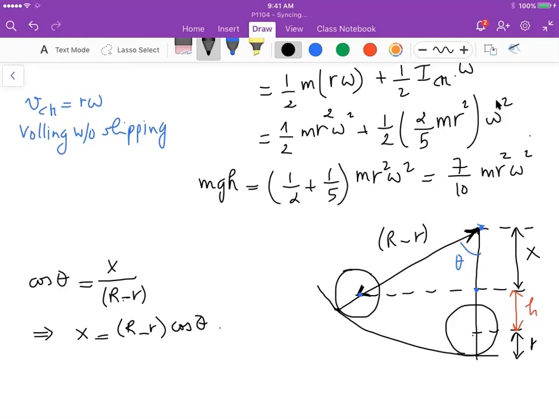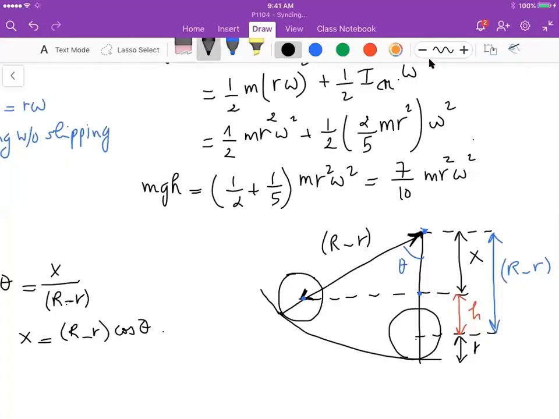And so now we can very easily deduce the value of h. So h is the distance between the center of the ball and the center of the sphere when it was in the final position, which is R minus r. So we can deduce from here that h is equal to R minus r, from this point to this point down, minus x.